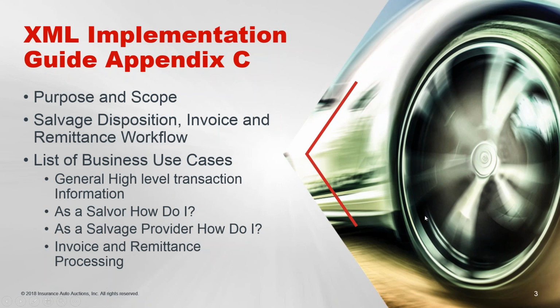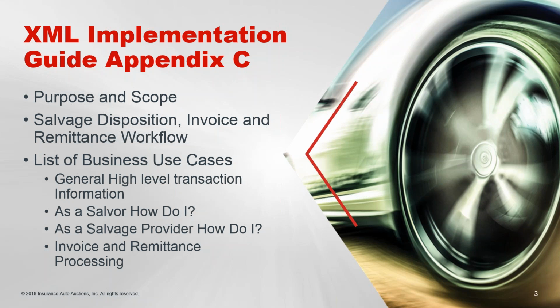The implementation guide, Appendix C, is a similar document to the guide that we just talked about, and it contains a lot of the same information. It does contain information about the purpose and scope, and it also contains the same workflow that is part of the implementation guide.